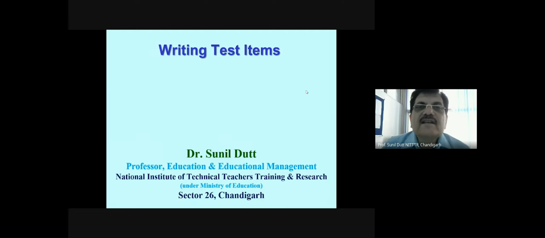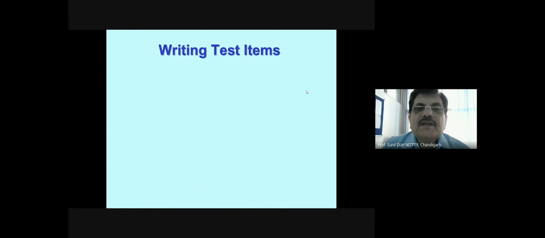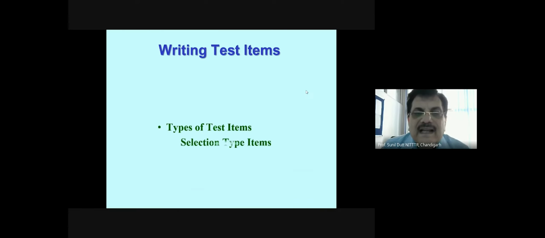So a test is made up of selection type items, that is multiple choice, alternate response, matching type, and supply type items, where the students are required to compute, evolve, or supply an answer to a question.